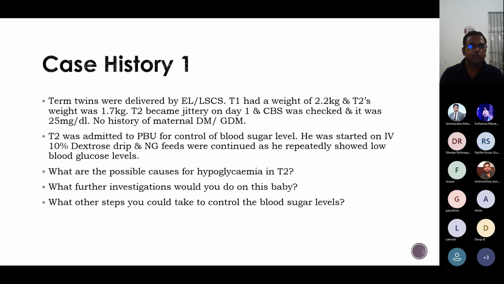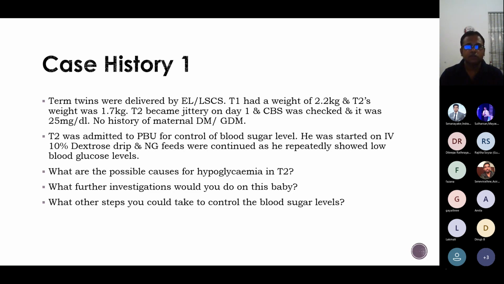So the case is, term twins were delivered by elective section, and T1 had a weight of 2.2 kilograms, and T2 weight was 1.7. So this T2 is the smaller baby, and T2 became jittery on day 1, and when the blood sugar was checked, it was very low, that is 25 milligrams per deciliter.